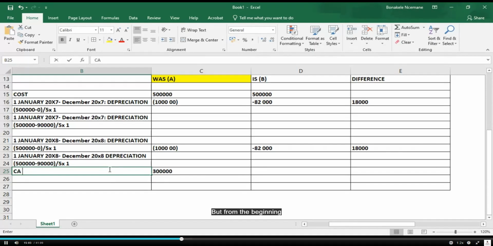But if from the beginning a residual value had been taken into account, the cost less 82,000 less 82,000 for the following period would have resulted in 336,000. Essentially, the difference would have been a depreciation of 36,000 lower than the old estimate.